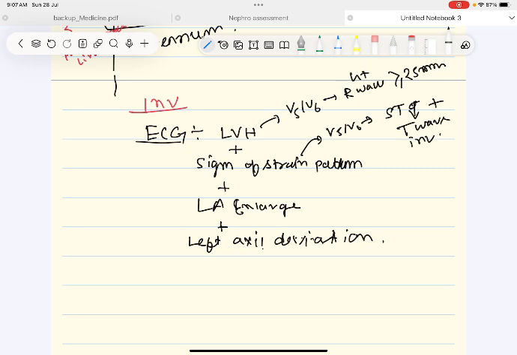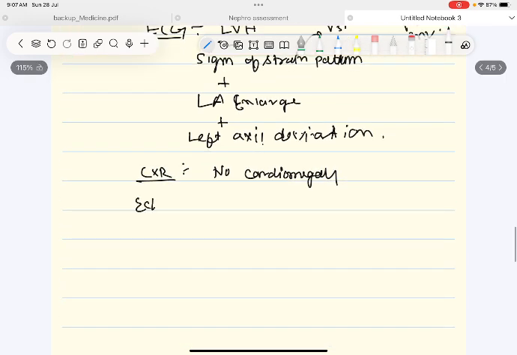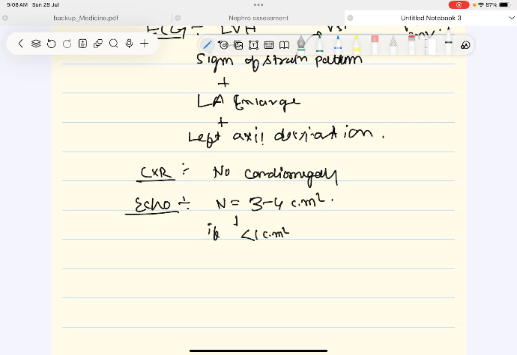On chest X-ray, no cardiomegaly is present. On echocardiography, there is a narrow aortic valve; if the area is less than 1 centimeter square, it is called severe aortic stenosis. Normally the aortic valve area is 3 to 4 centimeter square.